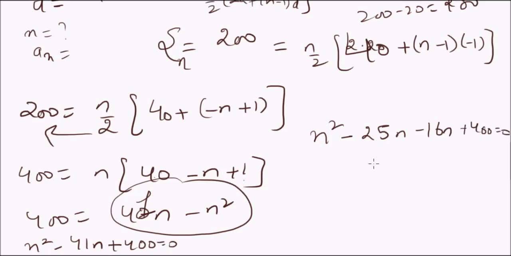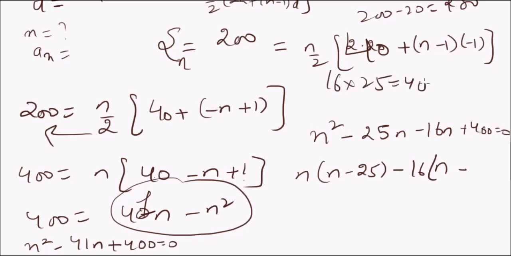We'll be using the factorization method for solving this quadratic equation, which is also discussed in the quadratic equations chapter. Thus, making n common, we have n minus 25. Bringing minus 16 common, we have n minus 25, and you will see that 16 into 25 is 400. So here we will be left with n minus 25 equal to 0.